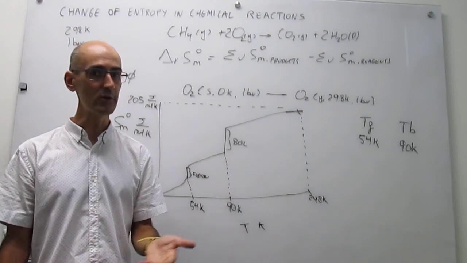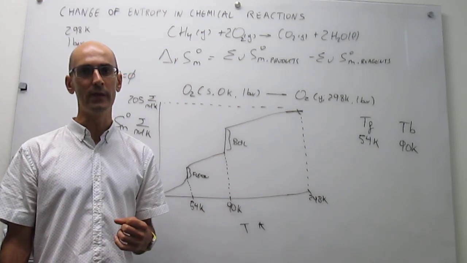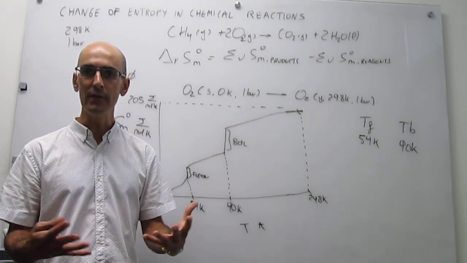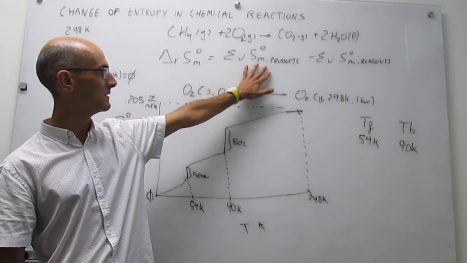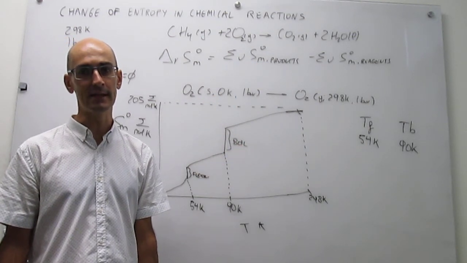From there, it's very easy to calculate accurately the absolute molar entropy of a substance at the conditions that you want, and then you can just plug those entropies into this equation and obtain the change in entropy in a chemical reaction.